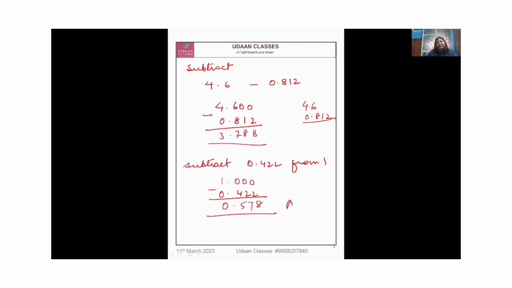So this is my answer, 0.578. The trick is to place them correctly. These are the places: tenths, this is hundredths, and this place is thousandths. So place them correctly one below the other in order to get the right answer.